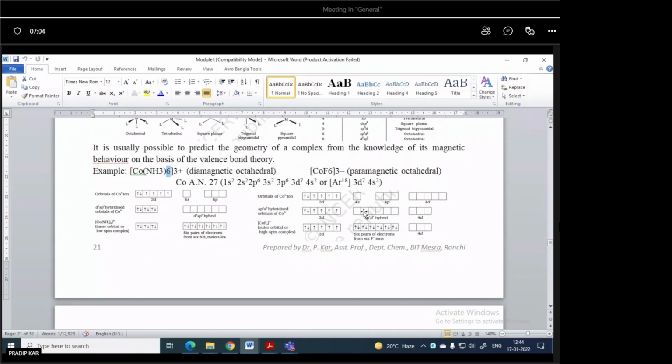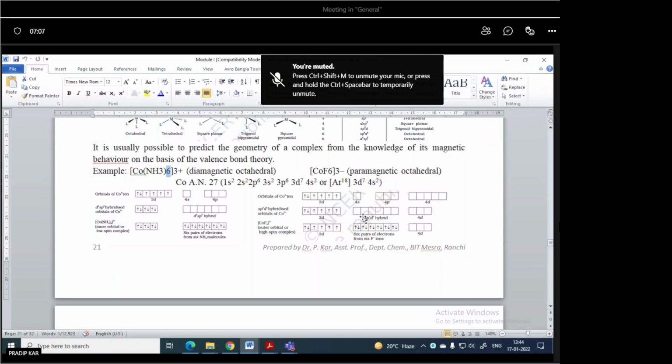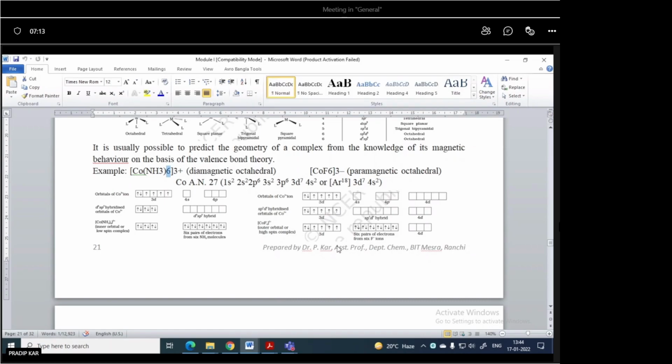So now [CoF6]3- is having the sp3d2 hybridization, meaning octahedral structure, because 6 F- are forming the complex in octahedral structure. And here we can predict the magnetic property as well, because in 3d orbital you can see the 4 unpaired electrons are present.